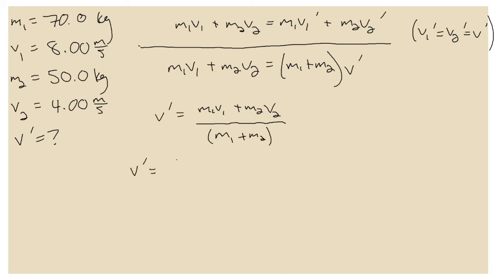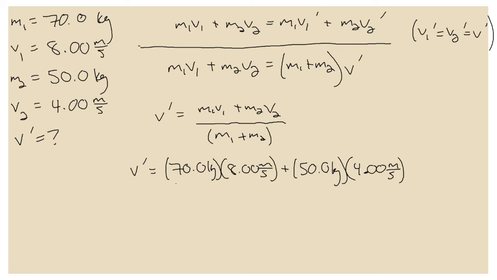So we have m1 is 70.0 kilograms to 3 sig figs, v1 is 8.00 meters per second. Then we have 50.0 kilograms times v2, which is 4 meters per second. And then we're going to divide that by the sum of the masses, which is going to be 120, but we'll write here 70.0 kilograms plus 50.0 kilograms.